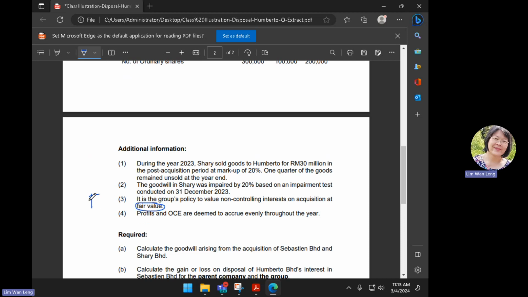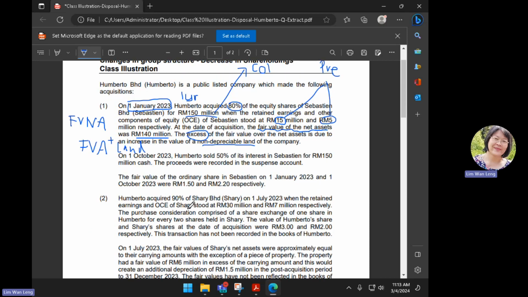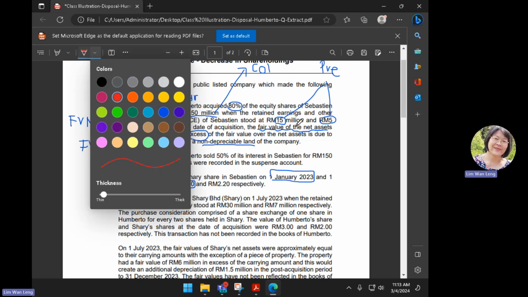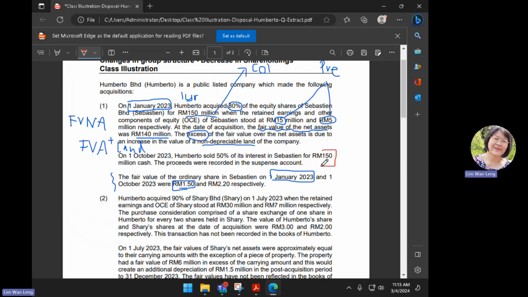So NCI is measured at fair value. Because NCI is measured at fair value, the question must also tell you the share price at the date of acquisition in Sebastian. In this case, they gave you the share price at the date of acquisition, 150. That will assist you to calculate your NCI at fair value. We will look at it later.